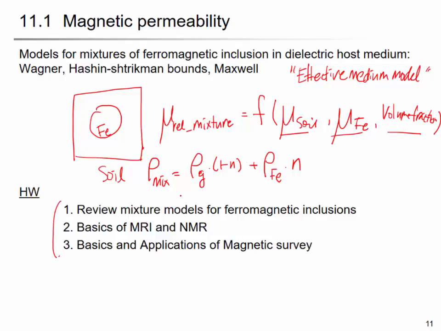That's just a quick homework. And when you look at the mixture theory, actually the geometry of this or the spatial distribution of the inclusions is an important factor. So it could be aligned parallelly like this. This is the inclusion, or you may have a vertically aligned inclusion, right?